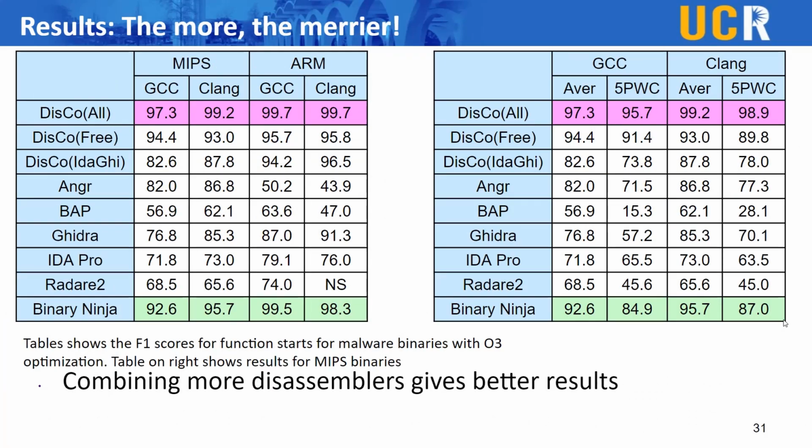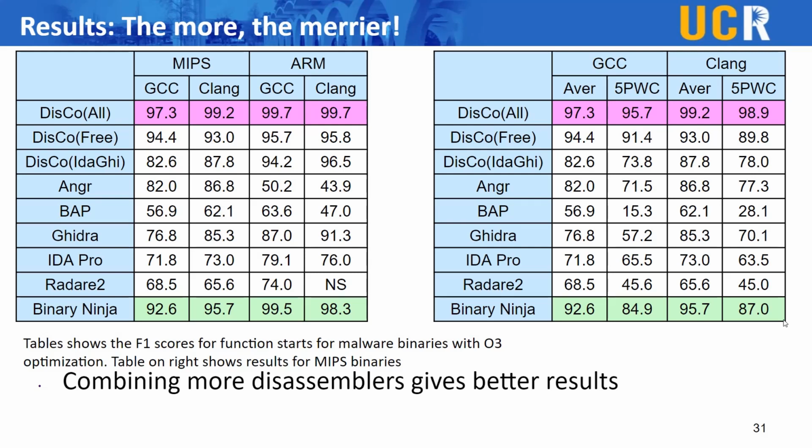And these tables give you a bit more detail. The table on the left shows you the average F1 score performance for both MIPS and ARM binaries, and on the right this table shows you the average as well as 5 PWC performance for just the MIPS binaries. In both cases, you can see that DisCo All does the best because it provides good performance that is also stable across the different compilation configurations.